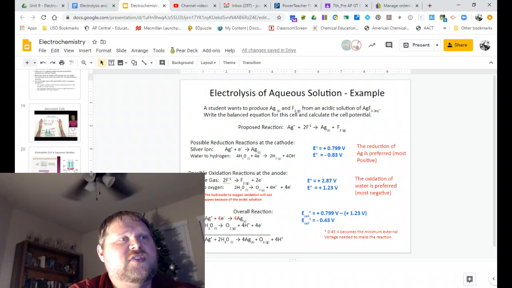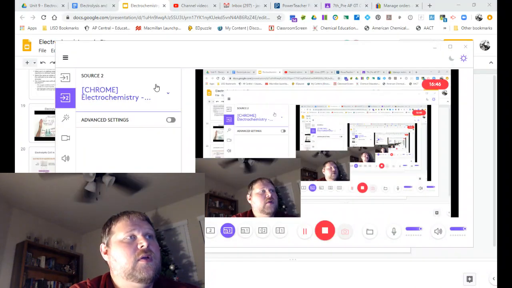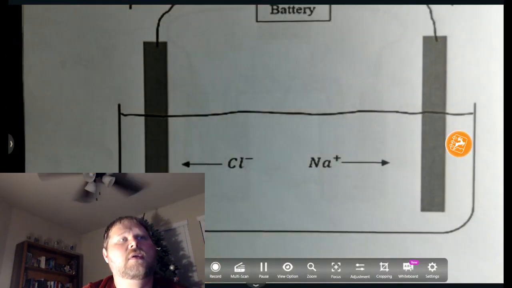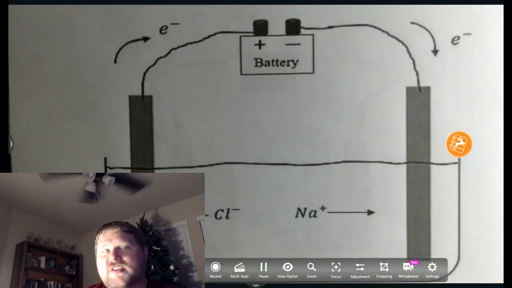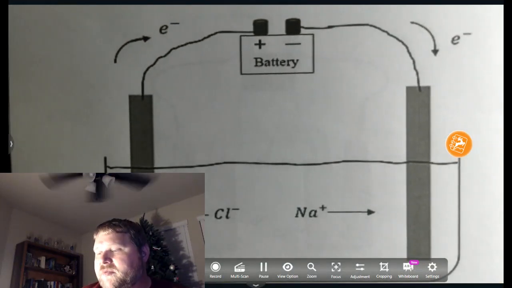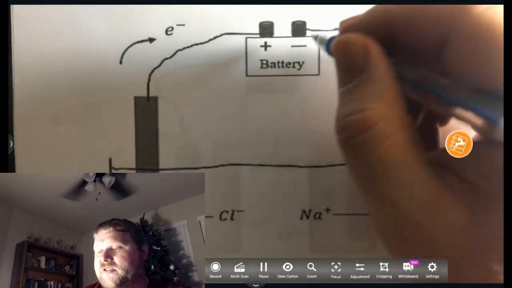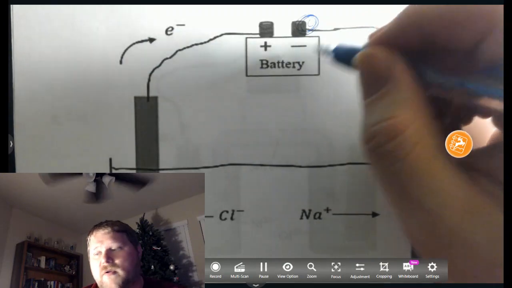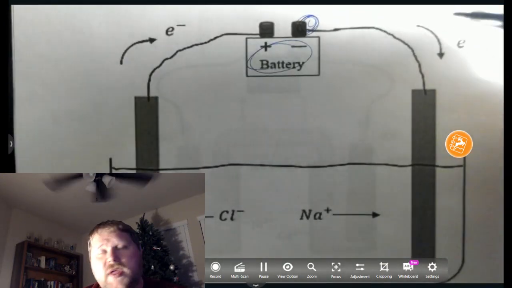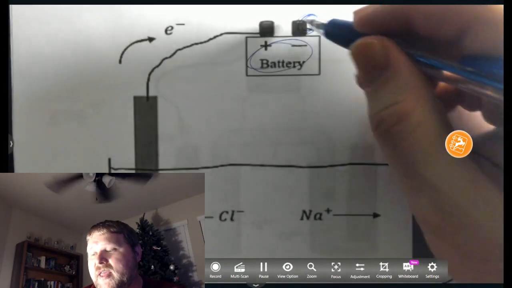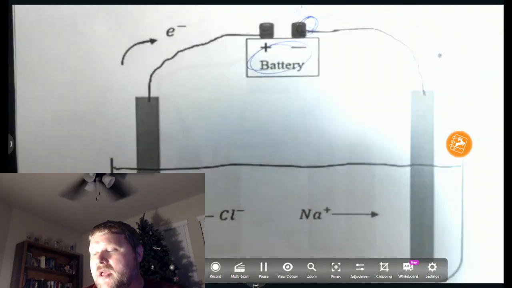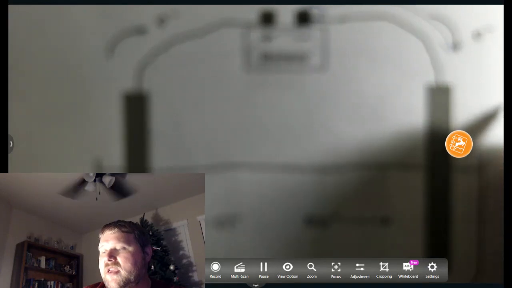Alright, let's see if we can toggle back to what I was working on before. Alright, so here I have this thing. How do we make it spontaneous? Remember that we are supplying electrons from this source right here. There's chemistry going on in this battery. Electrons are being generated at this anode, and we are forcing electrons down into this cathode.